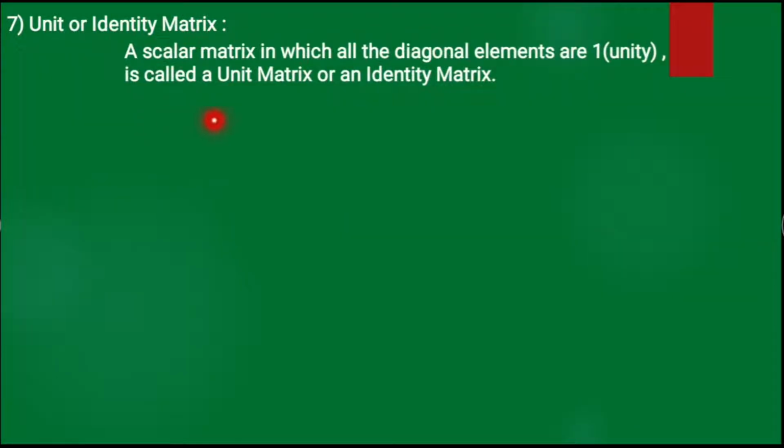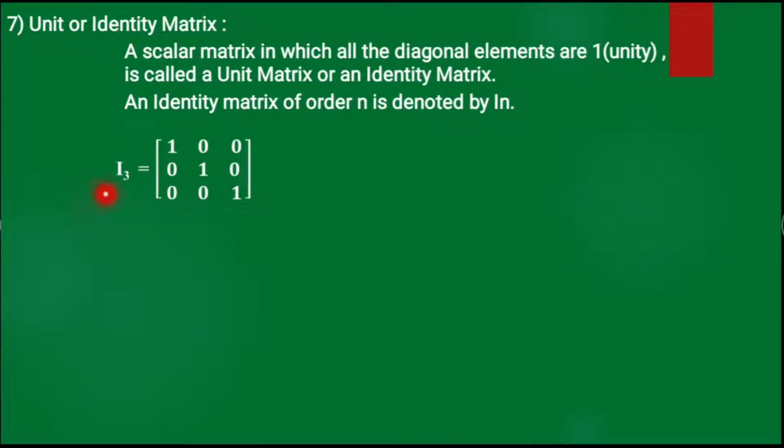Now see the next type, unit or identity matrix. See the definition. A scalar matrix in which all the diagonal elements are 1, that is unity, is called a unit matrix or an identity matrix. An identity matrix of order n is denoted by I suffix n.